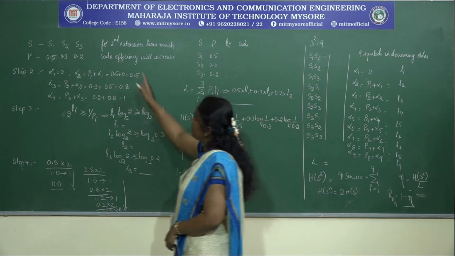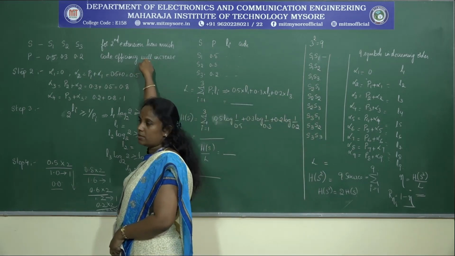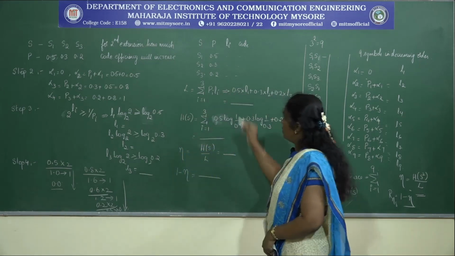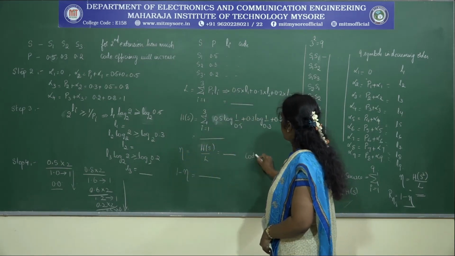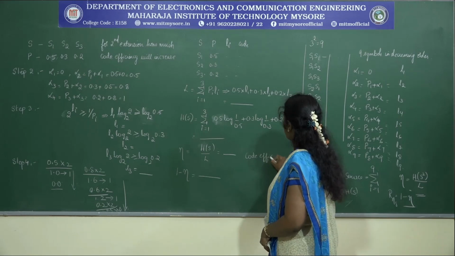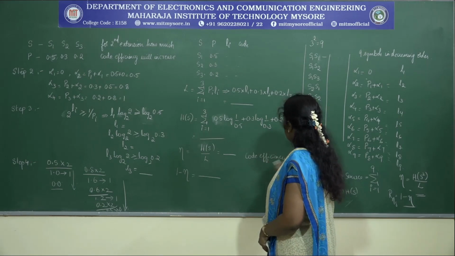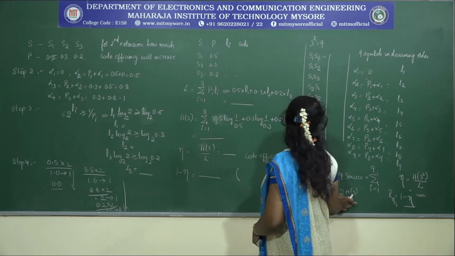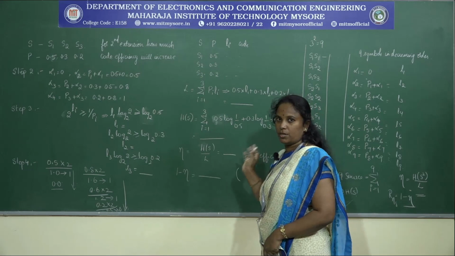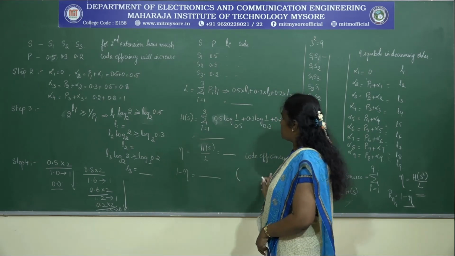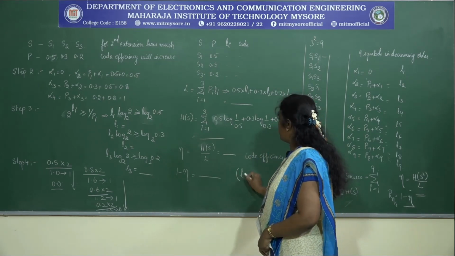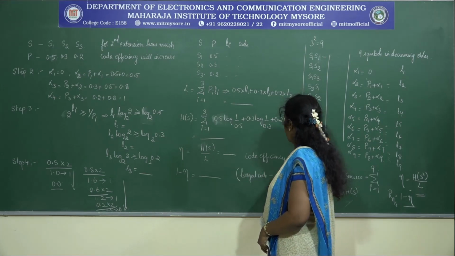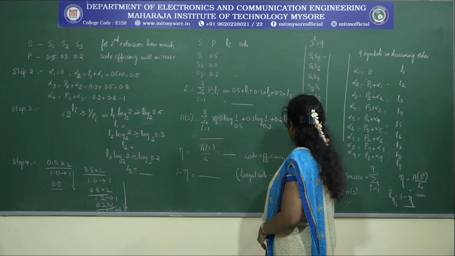Now we need to check how much the code efficiency is improved. In order to check this, you need to subtract the code efficiencies: the largest code efficiency minus the smallest code efficiency.